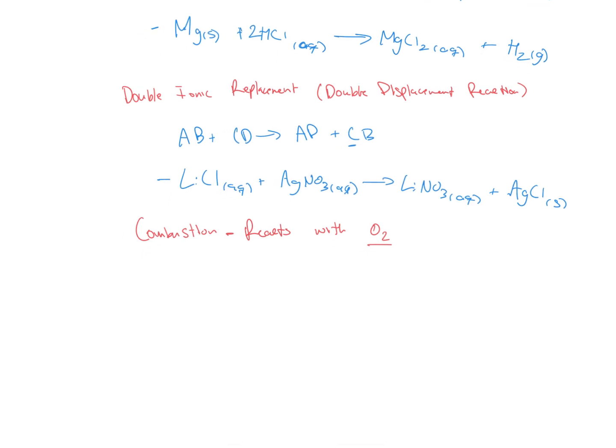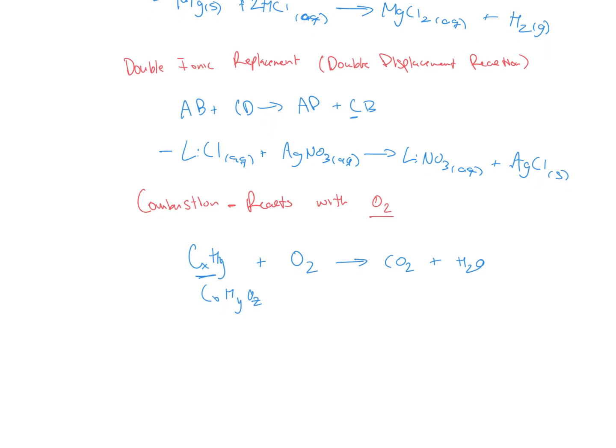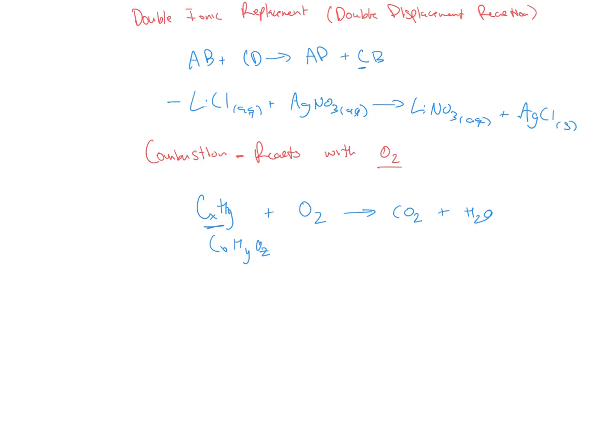So in this reaction, typically it's done with a hydrocarbon, and so CxHy, carbon bound to hydrogen, plus O2 makes CO2 plus H2O. Now, occasionally this will also be CxHyOz, right? You can also see that, but at the very least, you need CxHy reacting with O2.